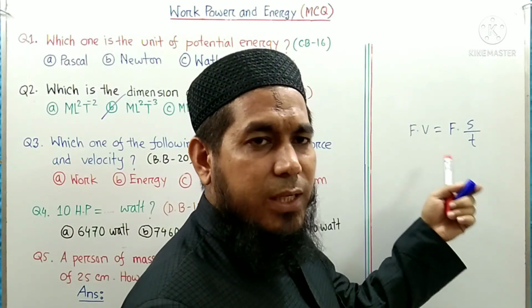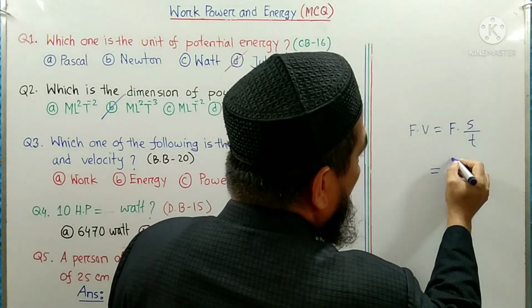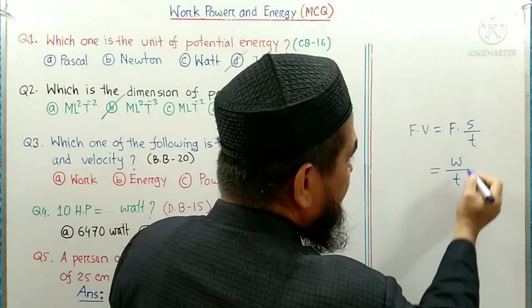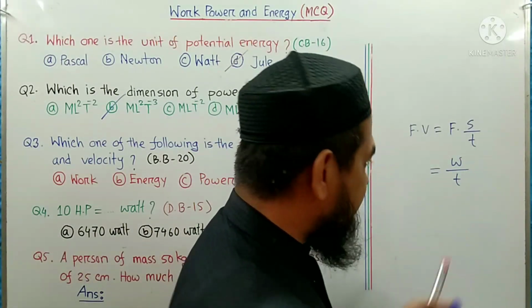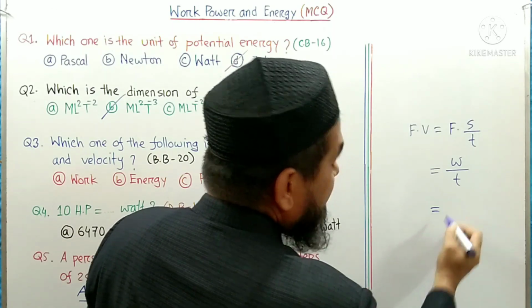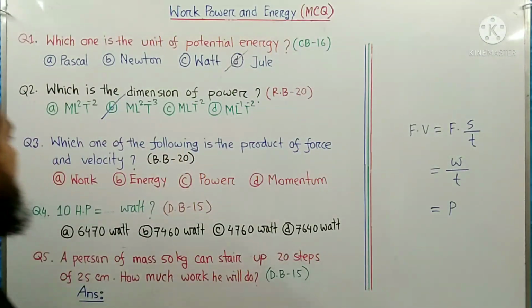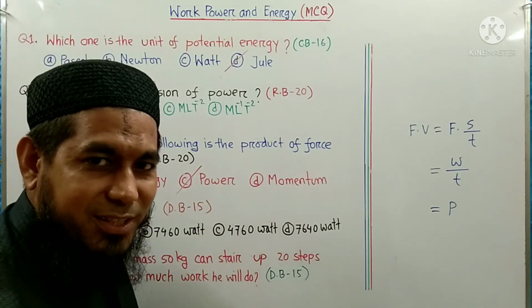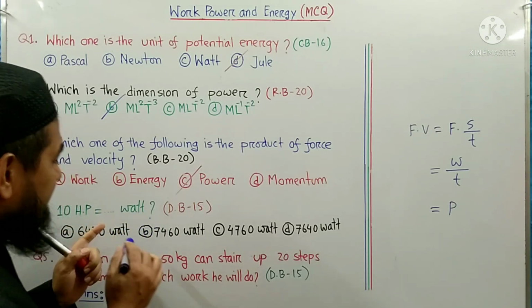So we can write V is equal to S by T. Now F dot S is equal to work W, from the definition of work. Now from the definition of power, we can write W by T is equal to P. So the product of force and velocity is equal to power. This is our result.